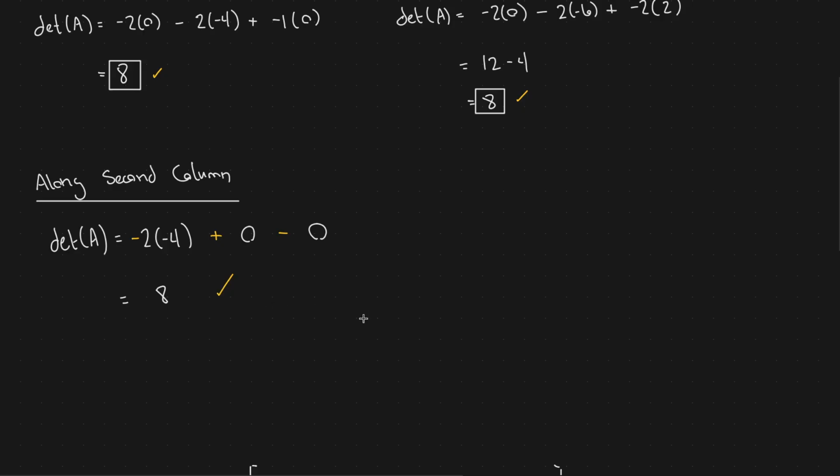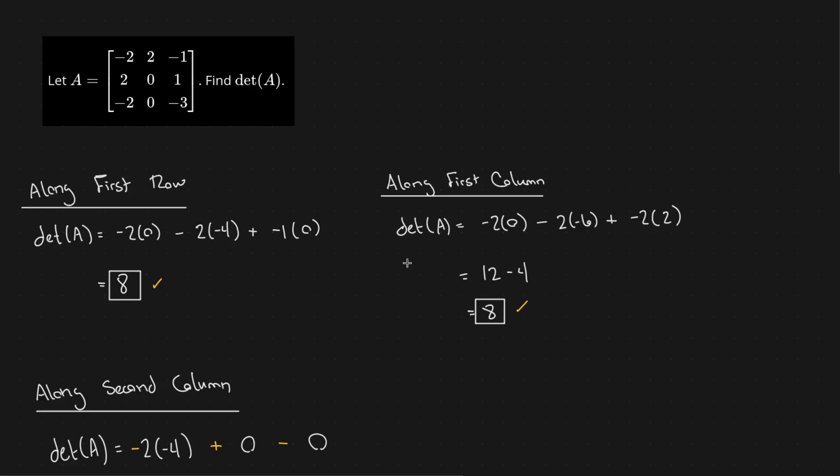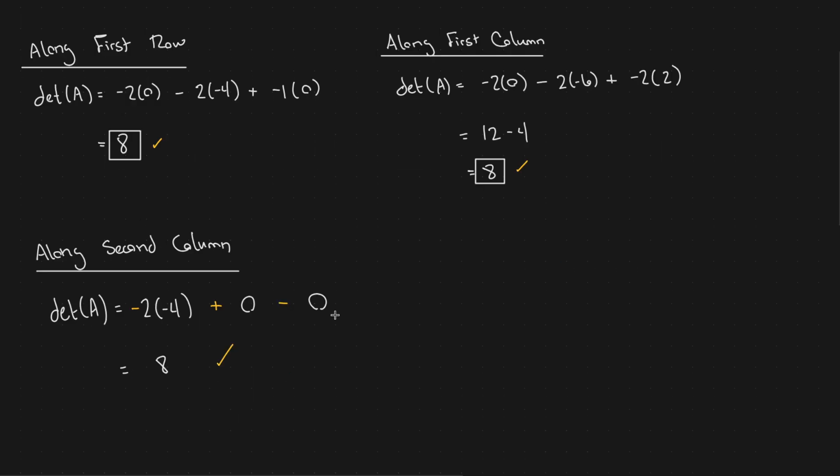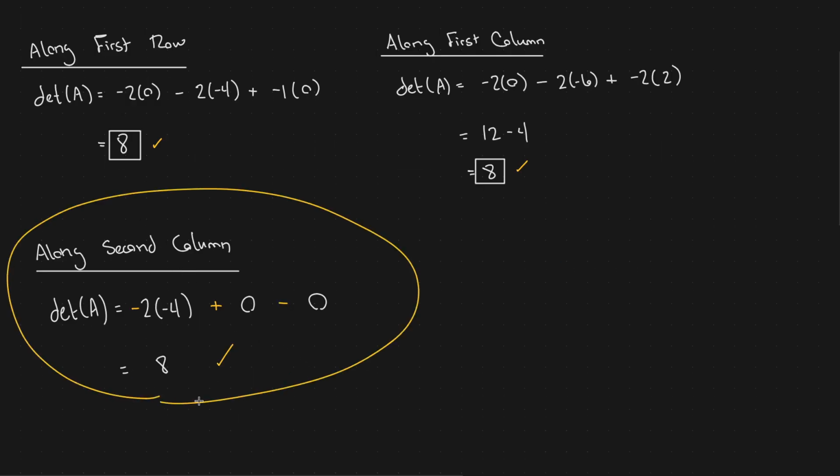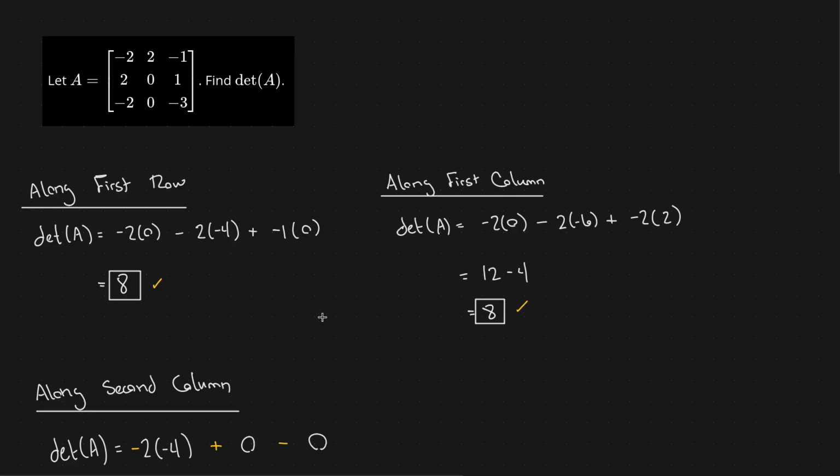Okay? So when calculating the determinant, you could expand along any row or column. You just have to be careful with the signs. All right? By the way, which one of these felt easiest? Probably this last one, right? That second column, once we got the sign thing sorted out, it was real easy because 2 of them, we didn't even have to think about determinants, right?